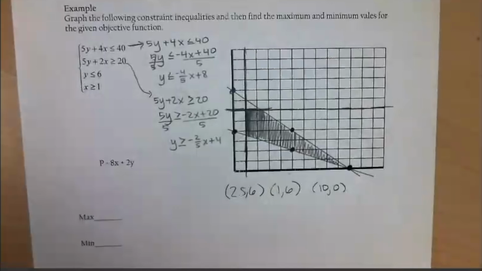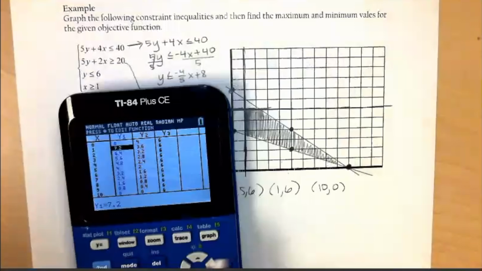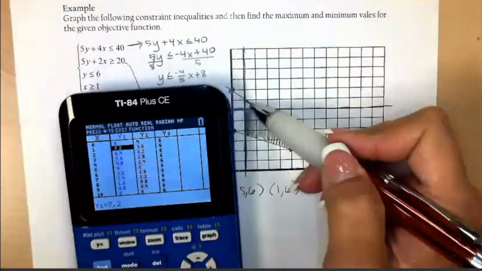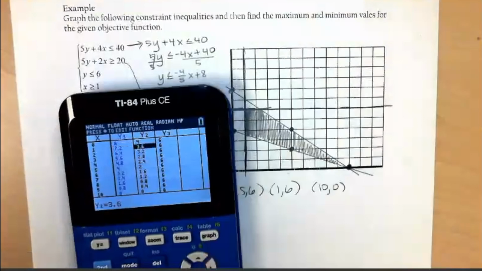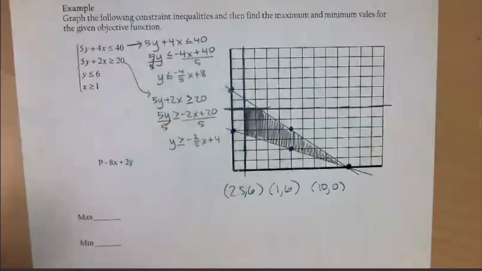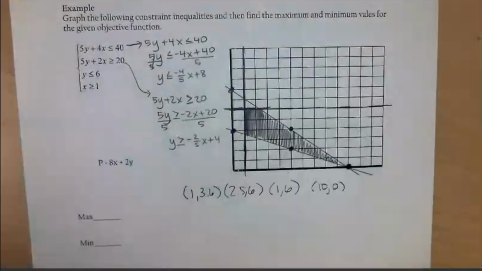Or you can even go to our table of values. We know that the x value is 1. That's the higher y value, so that's going to be the one up here. We need this lower one. So there is the 3.6. So our vertex here is 1 and 3.6.